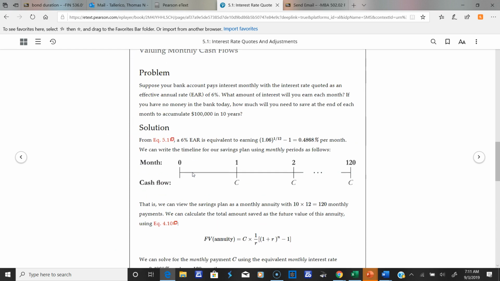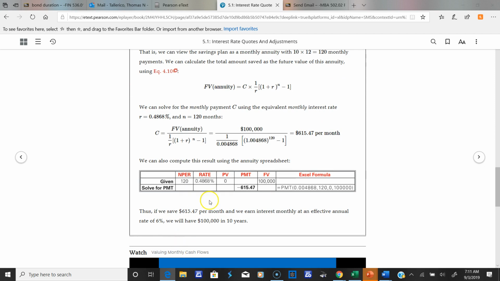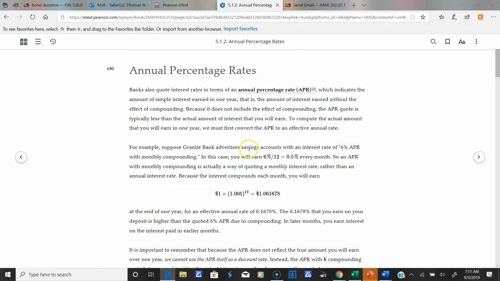So you see when they plugged in for the rate I, they used the periodic rate. Now, so again, here this is different than effective annual rate.